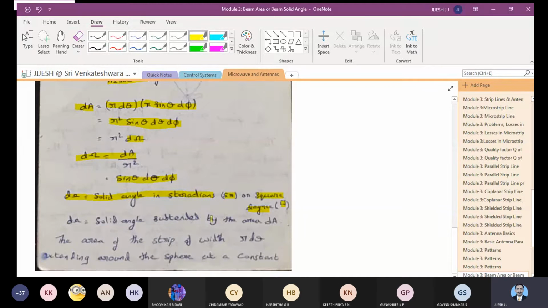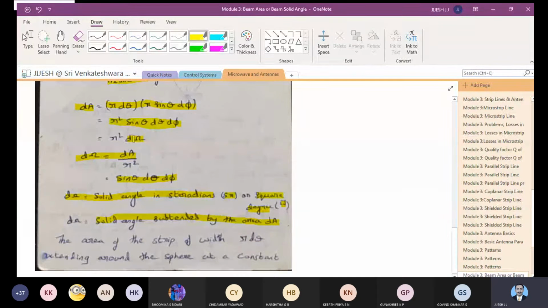So these are some of the equations. What is the equation for d omega? d omega is dA divided by r square, or it can also be written as sin theta d theta d phi. A few equations you need to remember, especially d omega equals sin theta d theta d phi. I will be using these equations further and will ask you for the equation for d omega.